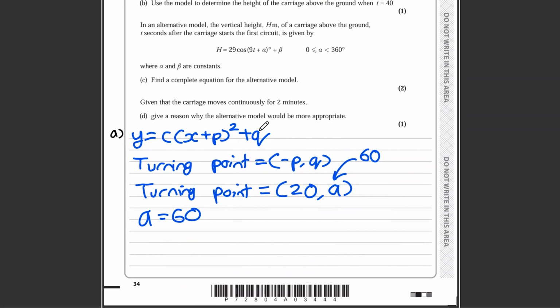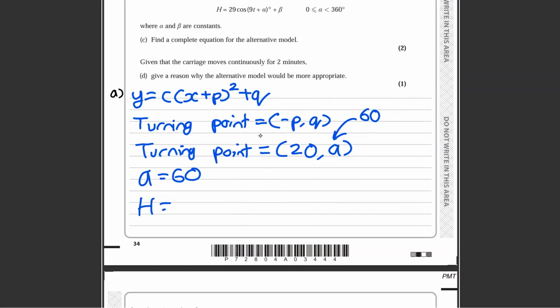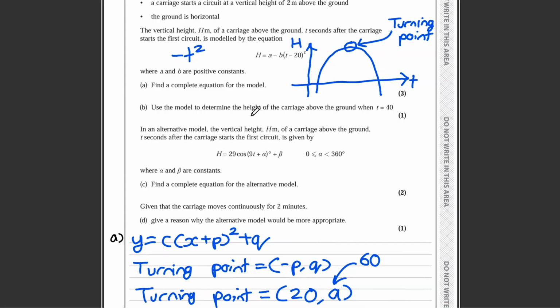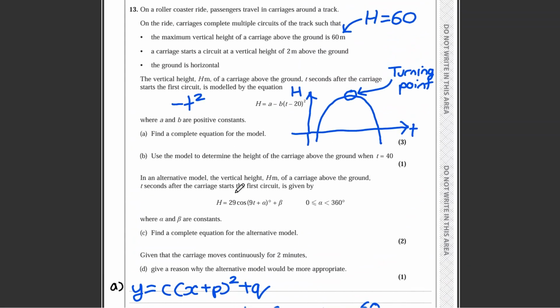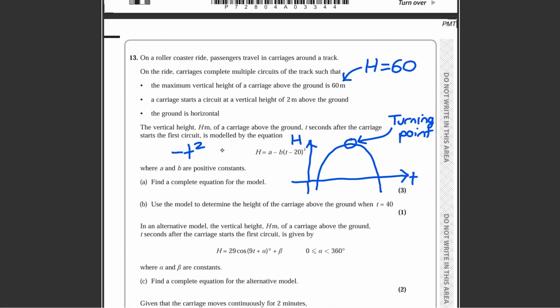So if we sub this in, we've got that h is equal to, instead of a here, we can write 60, and then it's minus b, and then t minus 20 squared. Okay, so we found what a is, so now we need to find what b is. And the way that we can do this is by using this second bullet point here, that a carriage starts a circuit at a vertical height of 2 meters above the ground.